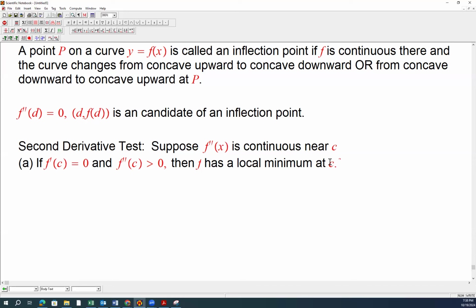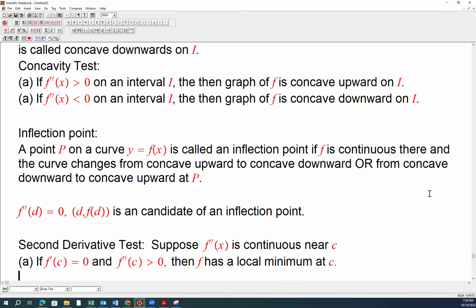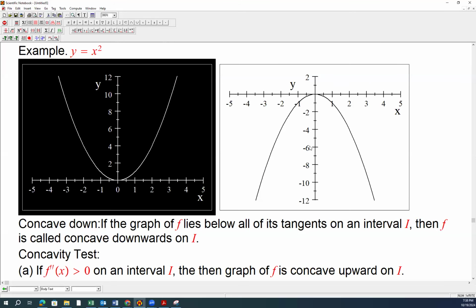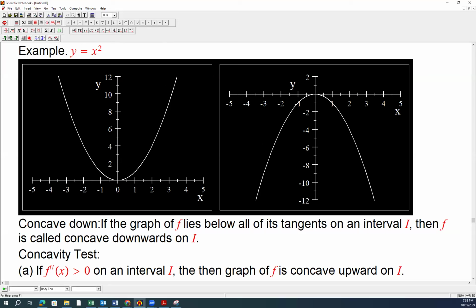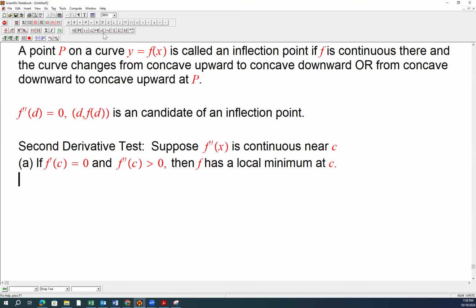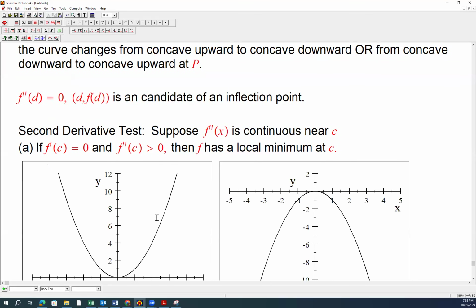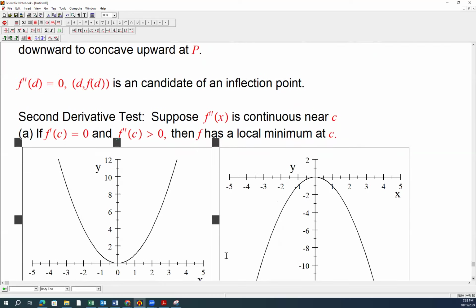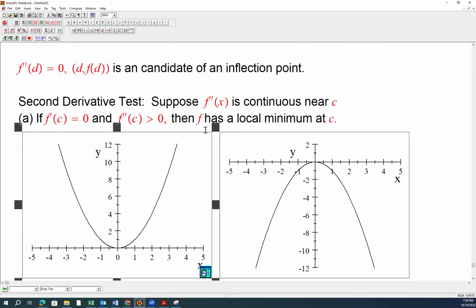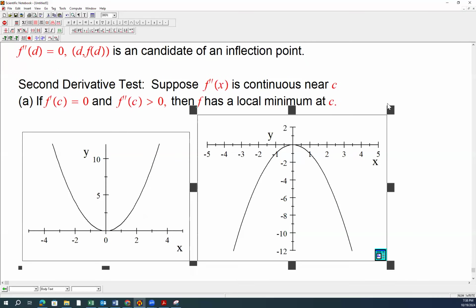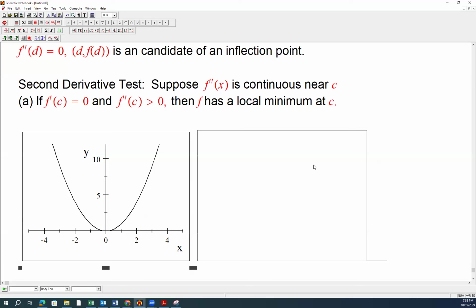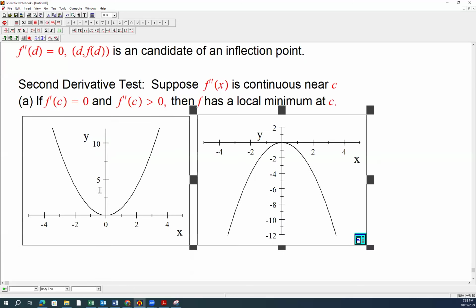It's concave up. We can almost use the example we used over here. 0 is a critical number in this case. Of course, it's a very special case. And it's concave up, so this is a local minimum.